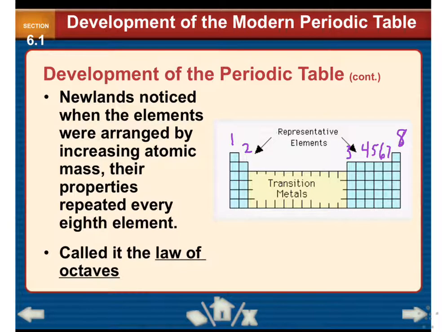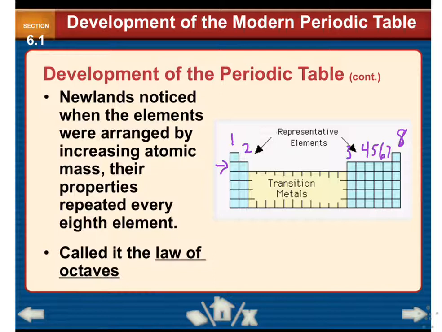So every time he started off on a new row, the elements started repeating. And he enjoyed music a lot, and since they repeated every eighth element, he went to music for his inspiration and called it the law of octaves.